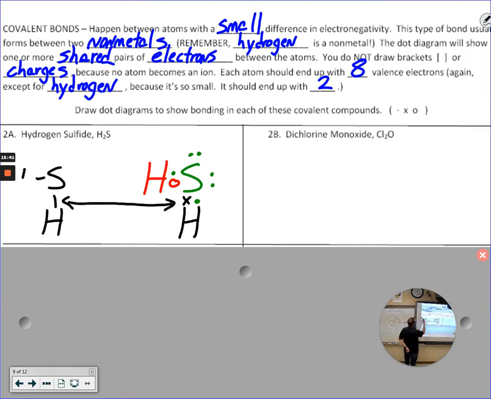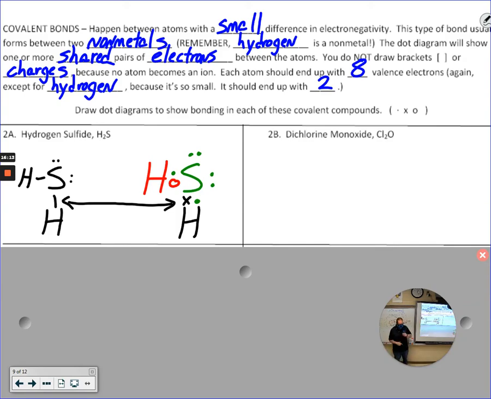So I can have sulfur bonded to hydrogen, this sulfur is bonded to hydrogen. I do also have to show the other dots, the other electrons in sulfur that are not bonded, like that. Either or is fine, and it's good for you to know how to do both. You can go ahead and draw it. But that dash indicates a shared pair of electrons. It indicates a covalent bond between those 2 atoms.